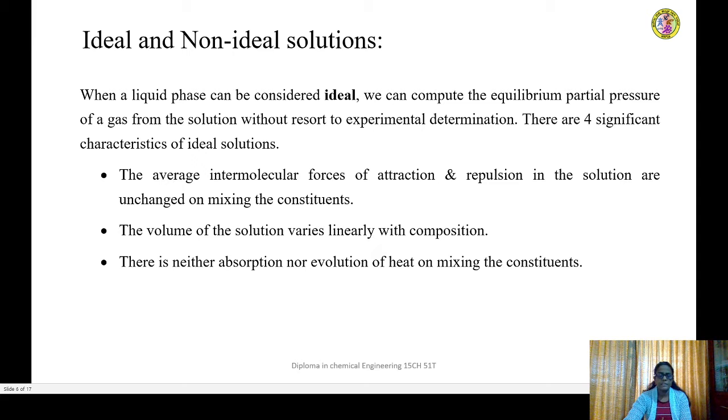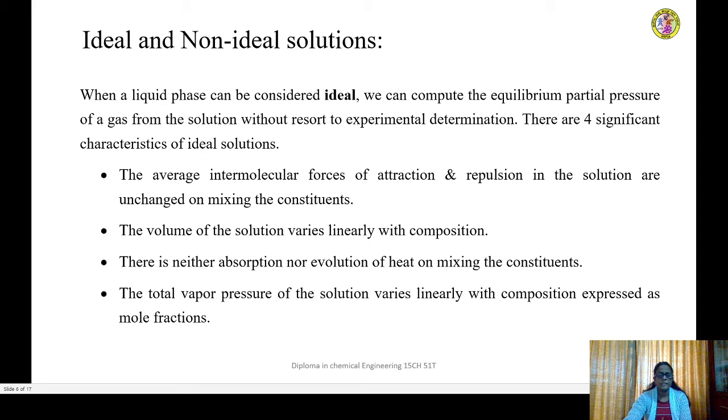The third characteristic is there is neither absorption nor evolution of heat on mixing the constituents. And the fourth characteristic says that the total vapor pressure of the solution varies linearly with composition expressed as mole fractions.